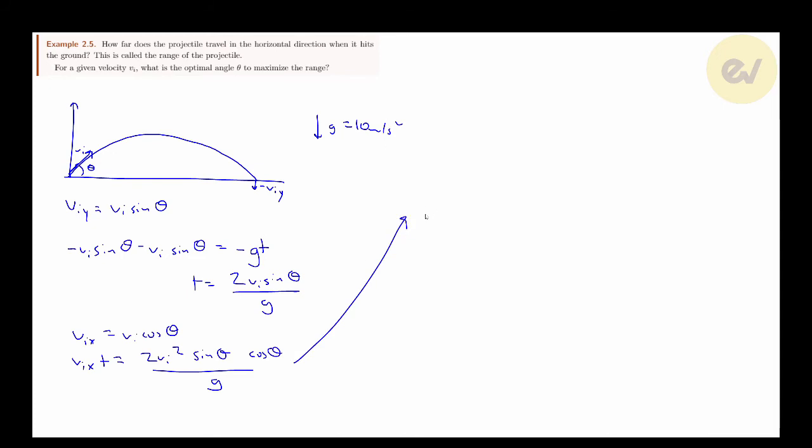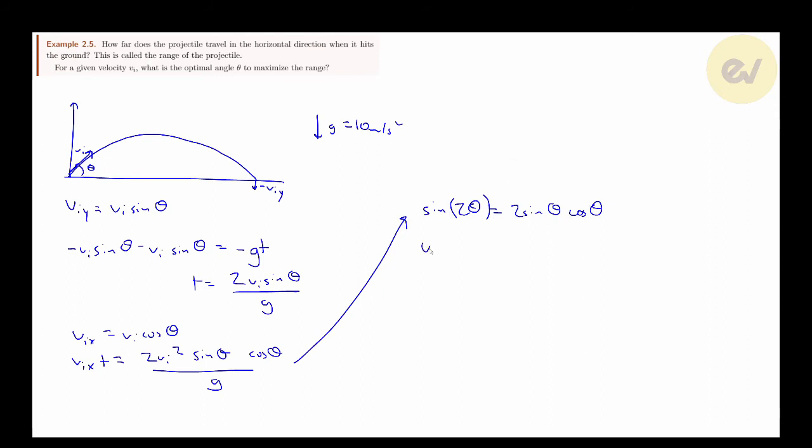Now there is a pretty useful trig identity that you might know from math. This is the sine double angle identity, and it states that for any angle theta, sine of 2 theta is equal to 2 times sine of theta times cosine of theta. This is just an identity from math that you might want to know.